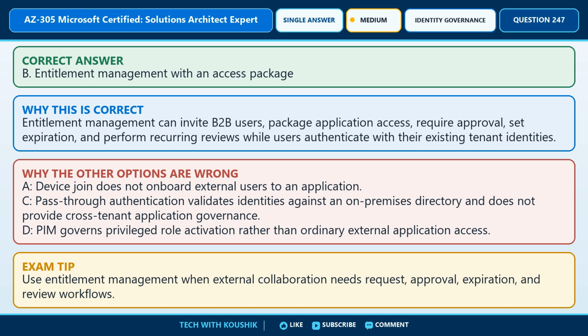C, Pass-Through Authentication validates identities against an on-premises directory and does not provide cross-tenant application governance. D, PIM governs privileged role activation rather than ordinary external application access. The key takeaway is use entitlement management when external collaboration needs request, approval, expiration, and review workflows.